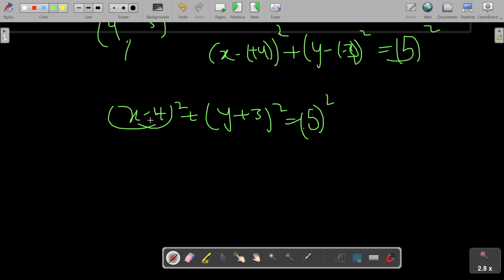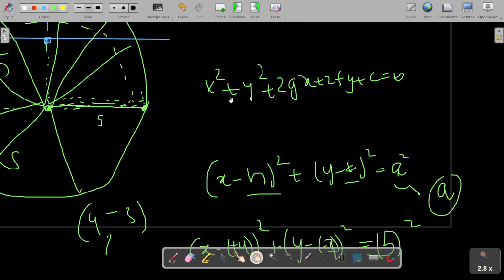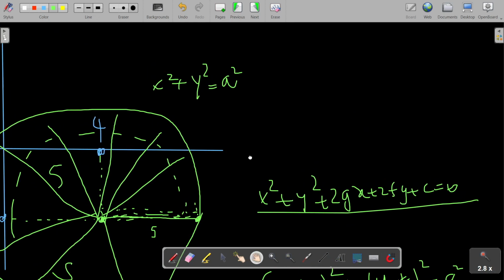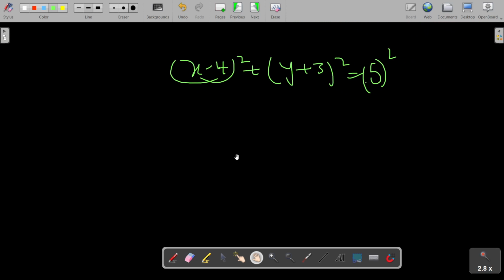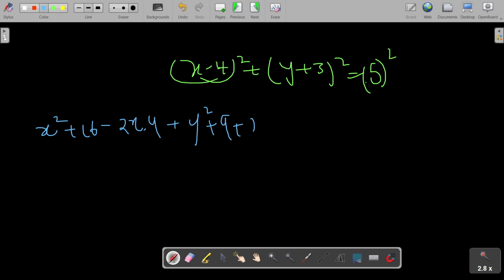Let's expand this. If we expand this, we get the general form of the circle. Let's also write the expanded form. Using a minus b whole squared, x minus 4 whole squared gives x squared plus 16 minus 2 times x times 4, plus y squared plus 3 squared is 9 plus 2 times y times 3, and here is 25, since 5 squared is 25.